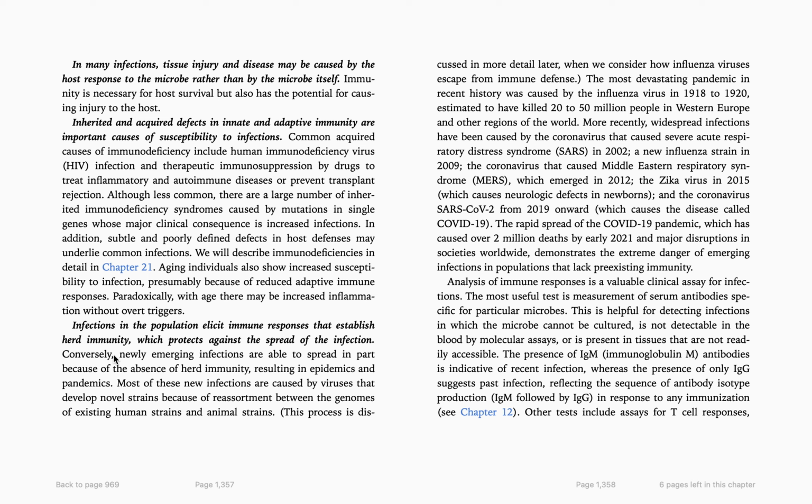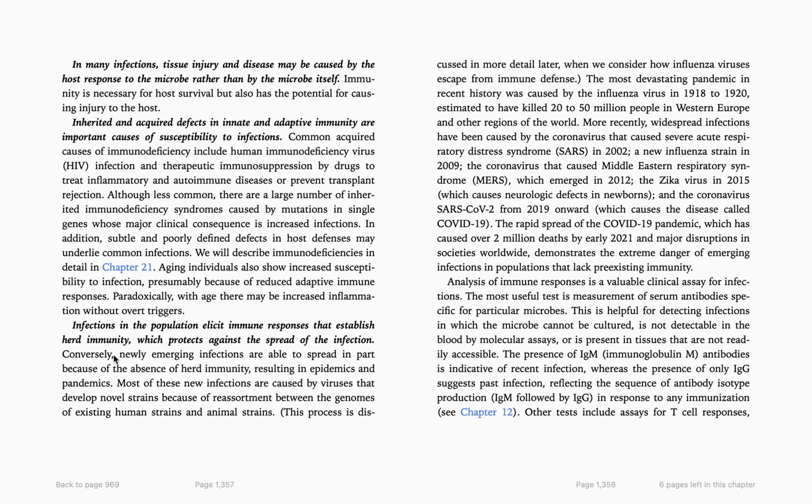This is discussed in more detail later when we consider how influenza viruses escape from the immune defense. The most devastating pandemic in recent history was caused by influenza virus in 1918 into the 1920s, estimated to have killed 20 to 50 million people in Western Europe and other regions of the world.